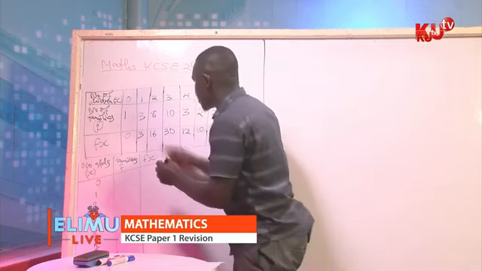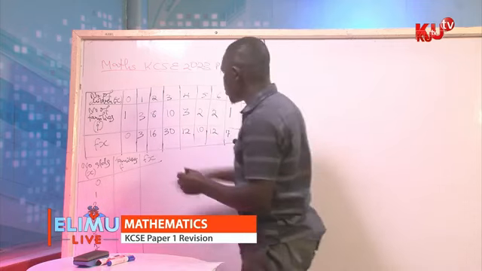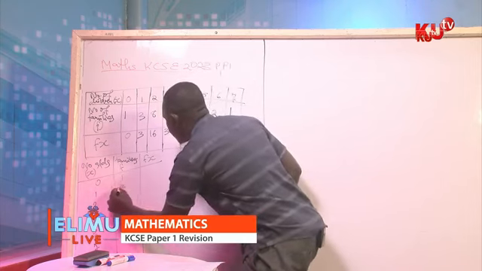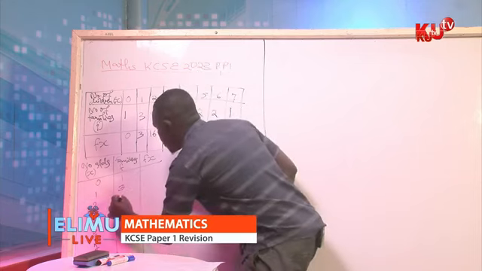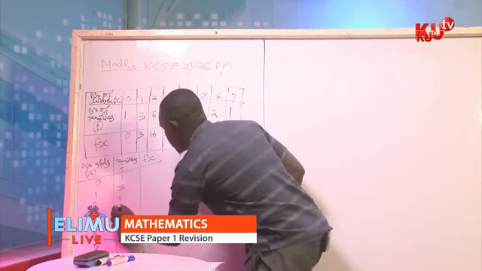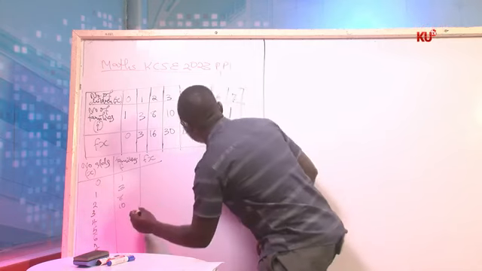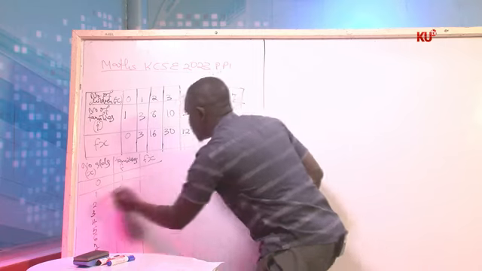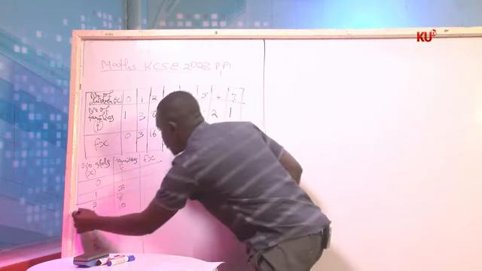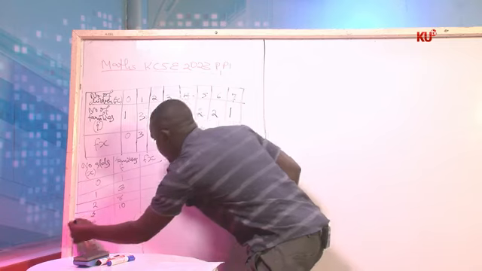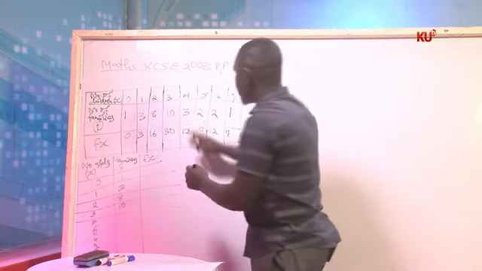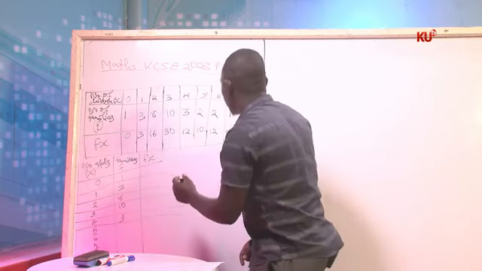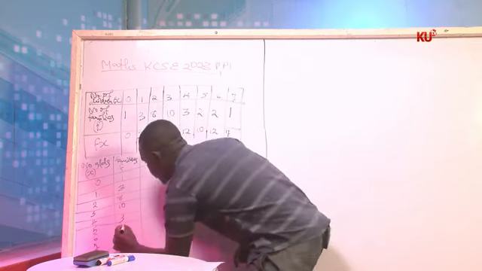Then the corresponding f values from this horizontal table are 1, 3, 8, 10, 3. Let me just clarify on this. Let me draw these horizontal lines so that we show uniformity. Then after 10 here we have 3. Then you have 2.